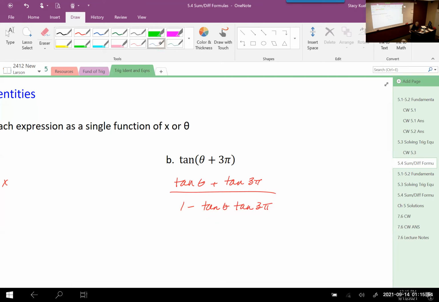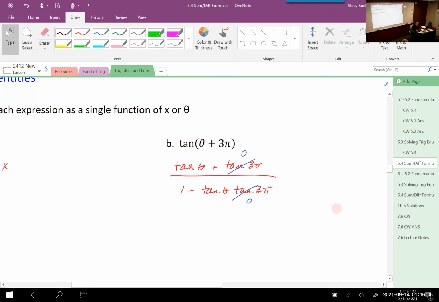What's the tangent of 3 pi? 0. So that's 0, and that is 0. Everywhere I had tan 3 pi, that became 0. So that only leaves tan theta in the numerator over 1 minus 0 in the denominator, or in other words, just tan theta.